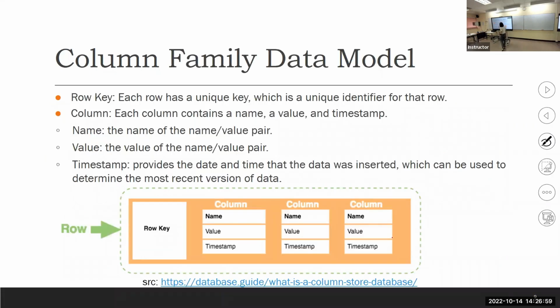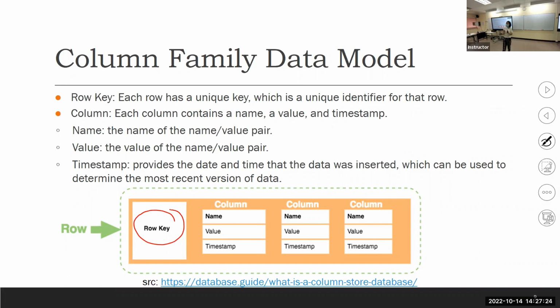So if we look at the bigger picture, for each row we will have something called a row key. This is the key that refers to the whole row.